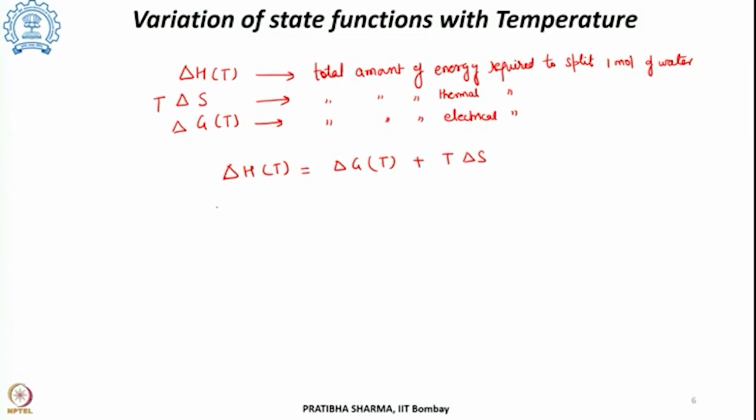Now, what temperature is best for performance of electrolysis can be decided by means of the electrical energy input, how much energy is consumed, and what is the cost required for producing hydrogen.